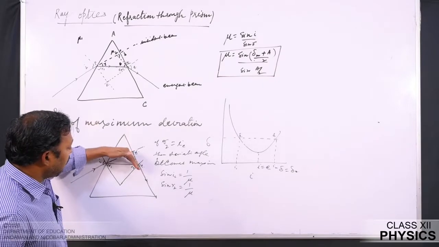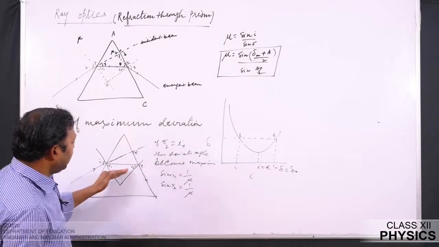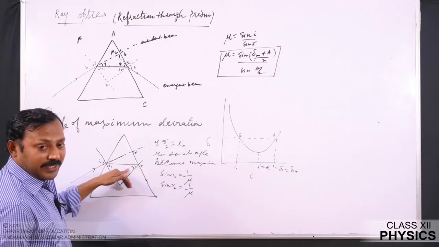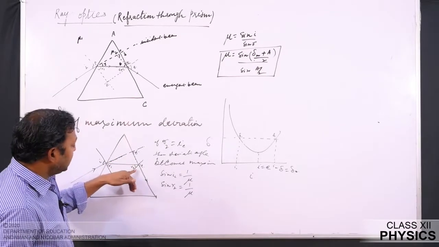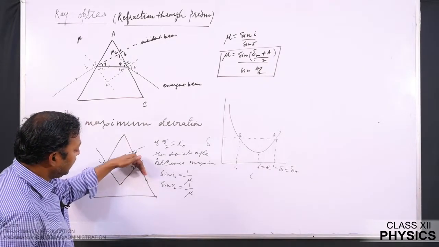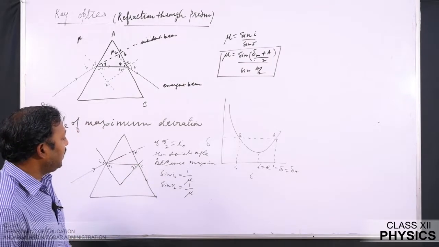It can be possible only when the beam emerging out from the denser medium makes an angle with the normal equal to the critical angle. If the angle of incidence is equal to the critical angle, then the refracted ray grazes over the surface. Under that condition, the angle of deviation will be maximum.